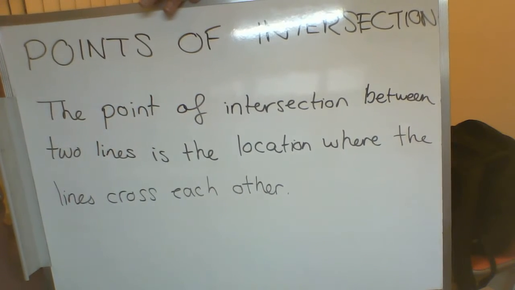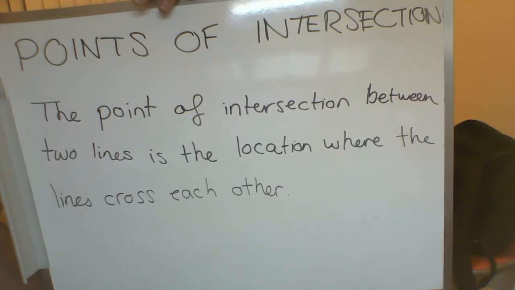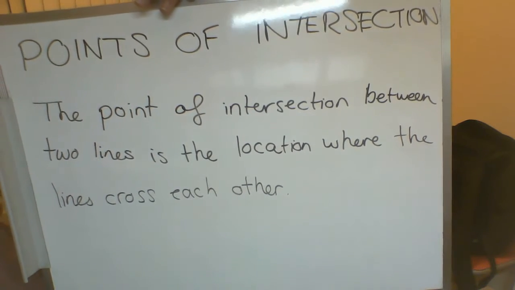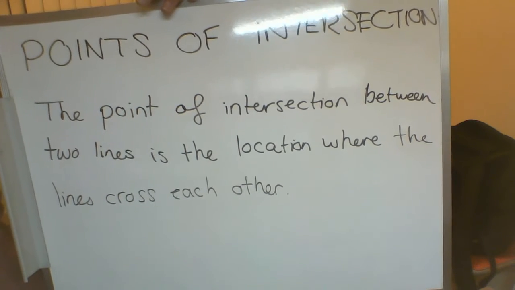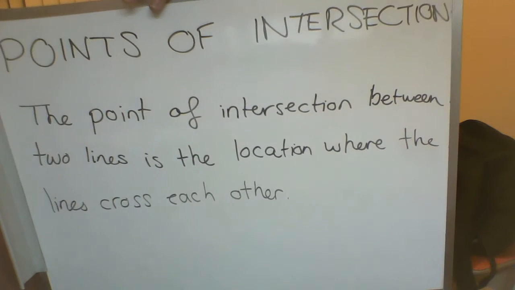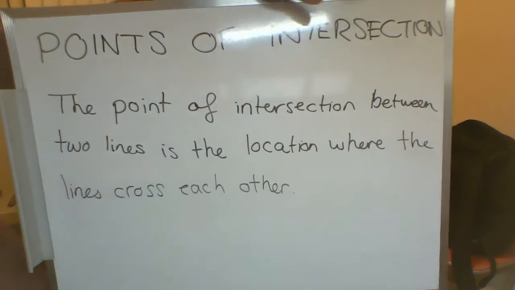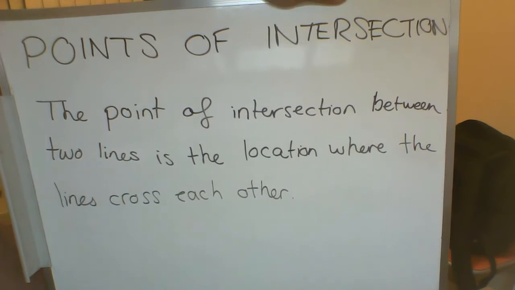So today we will figure out the point of intersection between two lines, but we'll also see if it's a little bit familiar to something that we've done before, namely in our algebra unit.